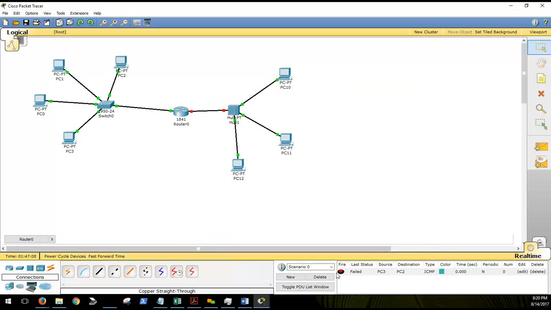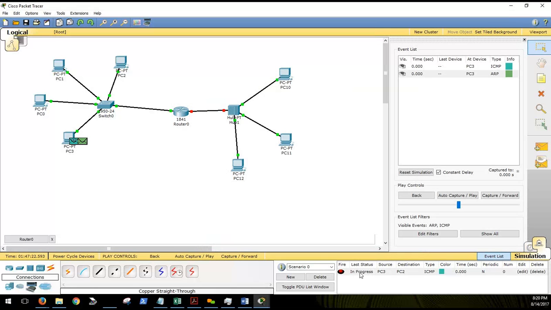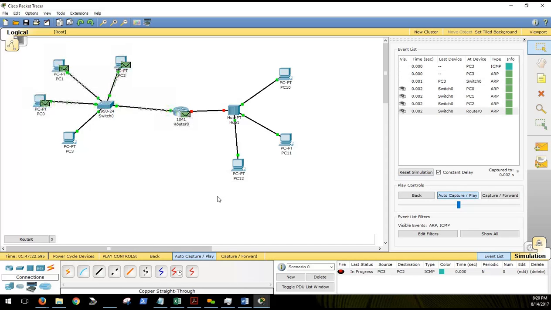Okay, now let's run this test again. Here we go. There it goes to the switch. Now it's going to get broadcast out of here because it doesn't know where PC2 is. Everybody else except PC2 is going to drop it.